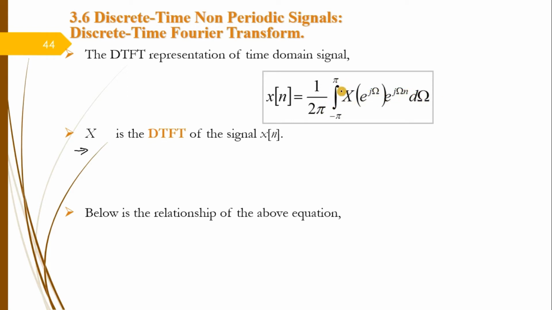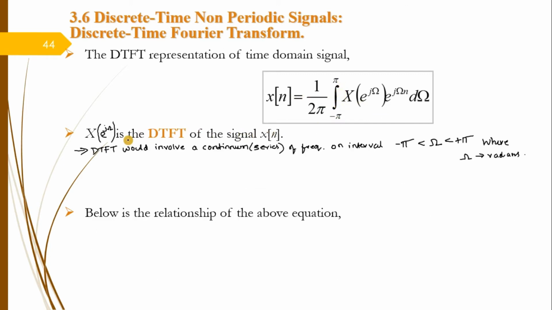Okay, so e raised to j omega n d omega. Here it is integration. I'm repeating, I'm stressing upon it. The meaning of this integration is that the frequency component we are extracting out of the non-periodic discrete time signal will be of continuous form, ranging from minus pi to pi.